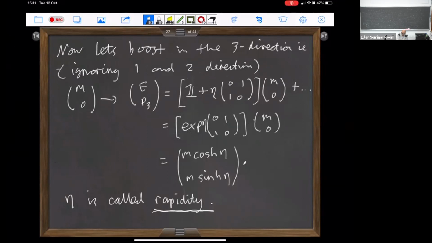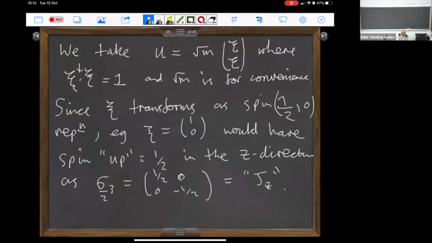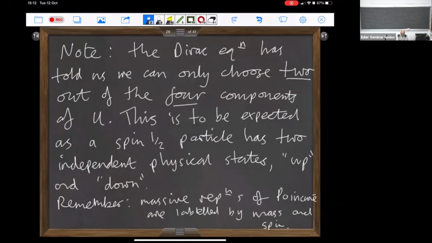We now have to take that particular boost and act on our solution of the Dirac equation in the rest frame.